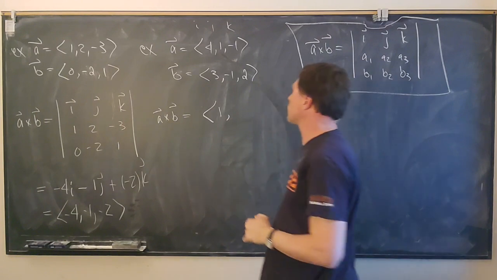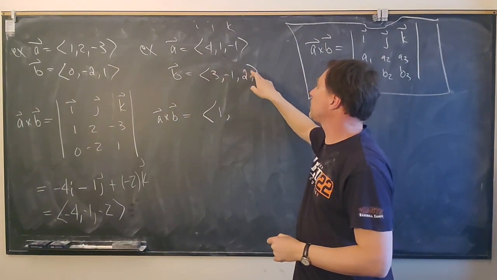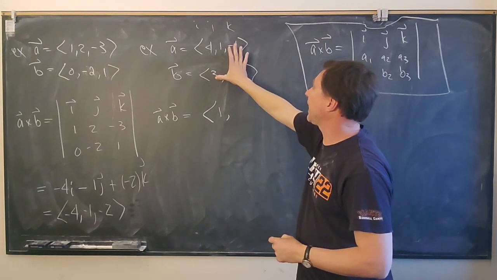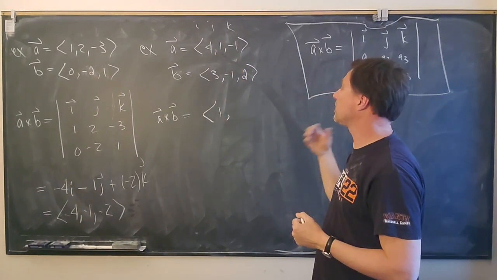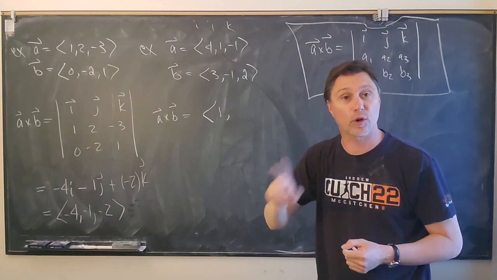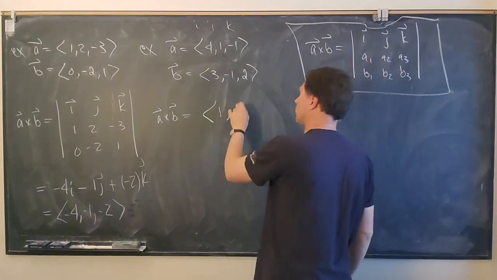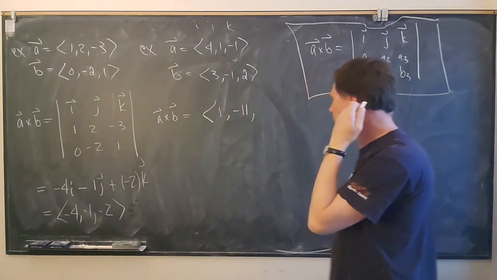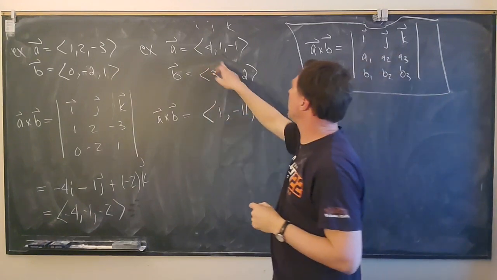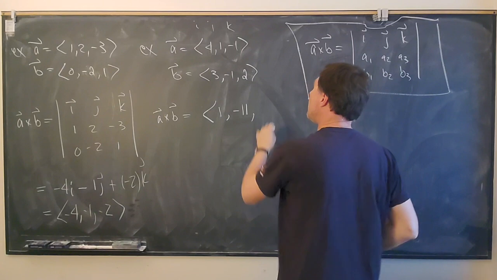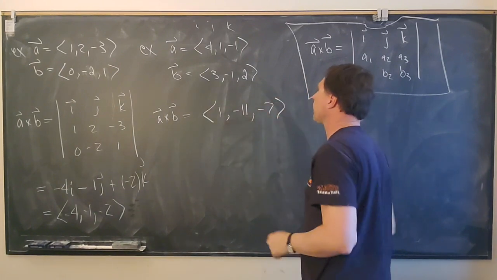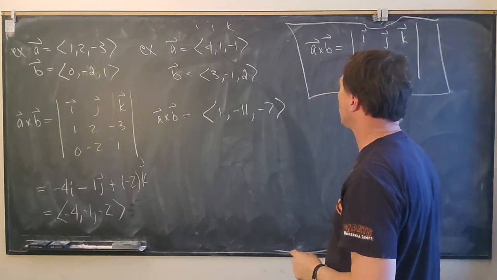In the second entry, 4 times 2 is 8, minus a negative 3, so that's plus 3. 8 plus 3 is 11. Remember to reverse the sign in the middle, so that's minus 11. And then we get negative 4 minus 3, so that gives me a negative 7.